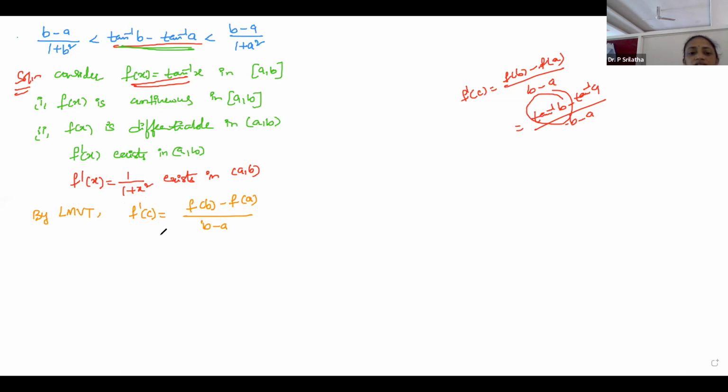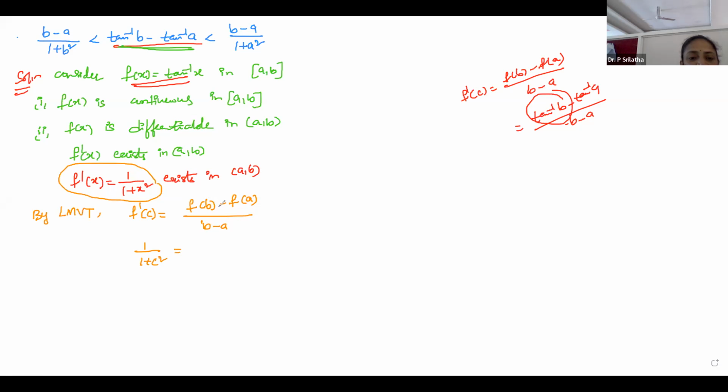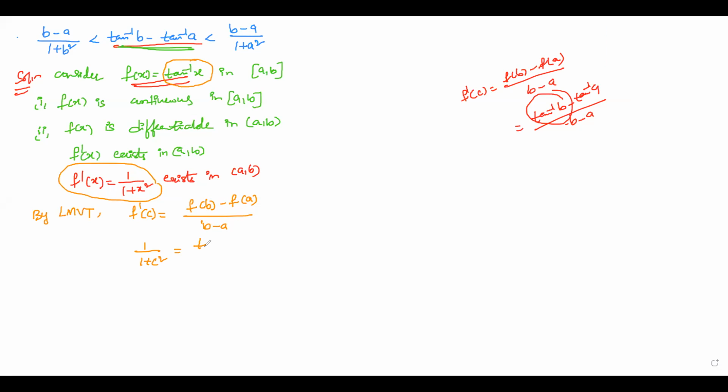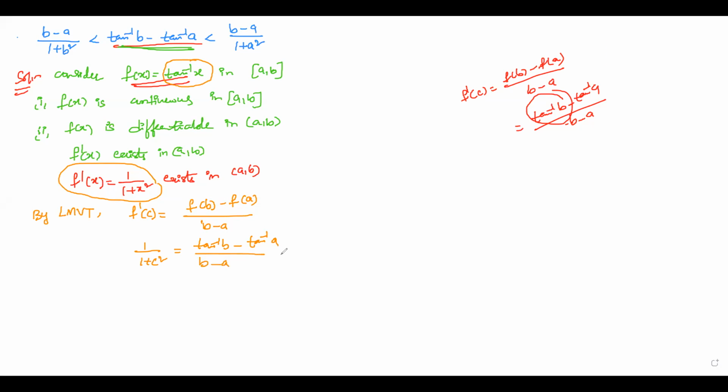Okay, so what is f dash of c? It is 1 by 1 plus c square, which is equal to f of b minus f of a divided by b minus a. f of x is tan inverse x, so it is tan inverse b minus tan inverse a divided by b minus a. Let us consider this as equation 1.